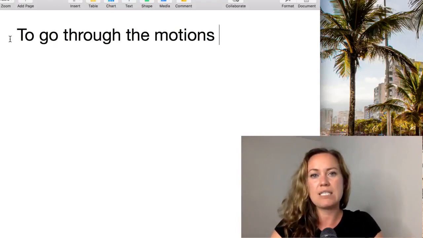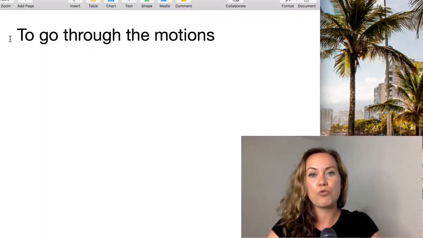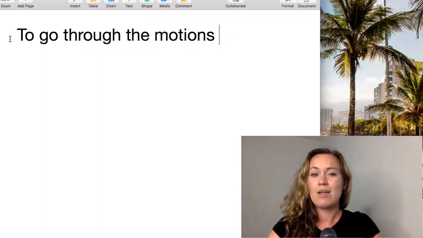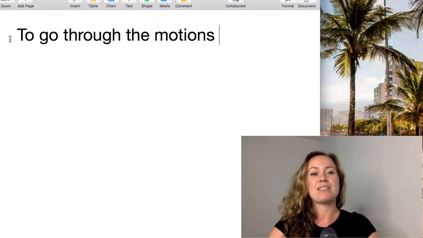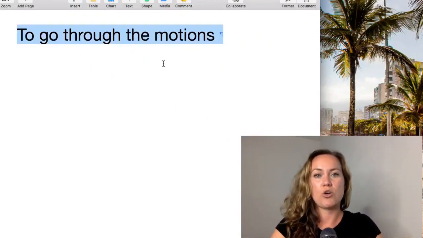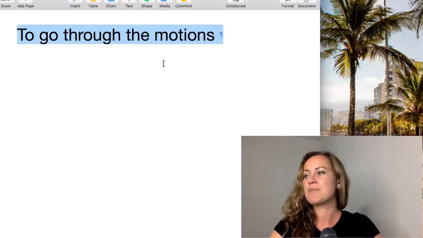You're just doing your routine. You're not really thinking. You're not really trying. So if you go to the gym and you just go through the motions, you're probably not getting a very good workout because you're not putting any effort into that. So when you live life, try not to just go through the motions. Try to actually put some feeling into it.